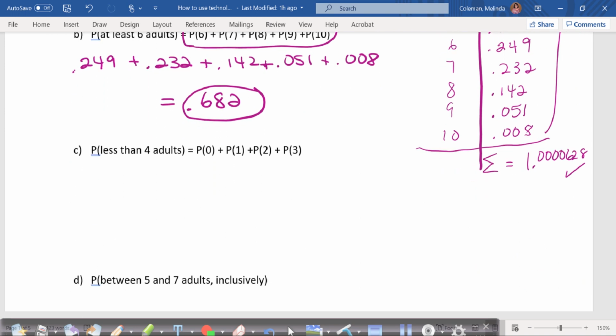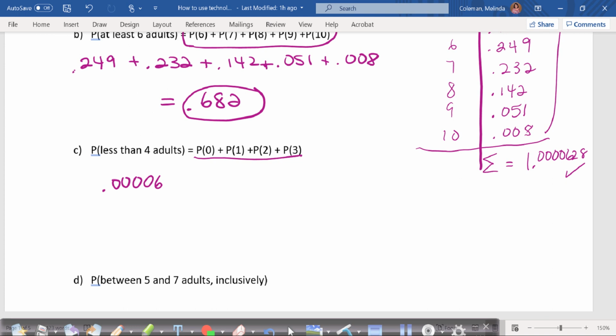What is the probability that we have less than 4 adults? Less than 4 would be 0 through 3. So if I add those numbers up, 0 through 3, I would have 0.00006.